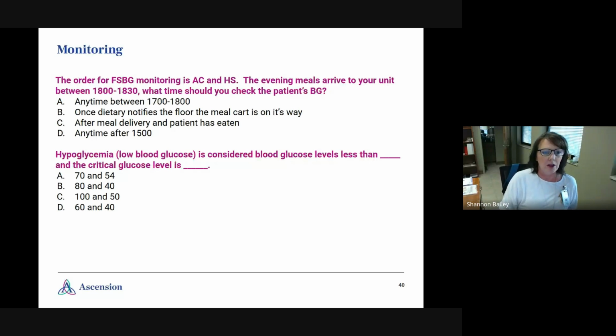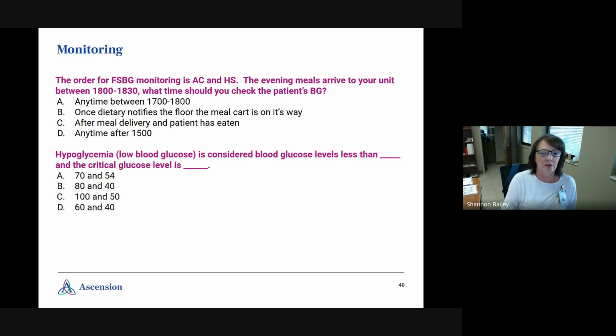Okay, so this one has a fill in the blank and 2 answers. Hypoglycemia or low blood glucose is considered blood glucose levels less than blank, and the critical glucose level is blank.